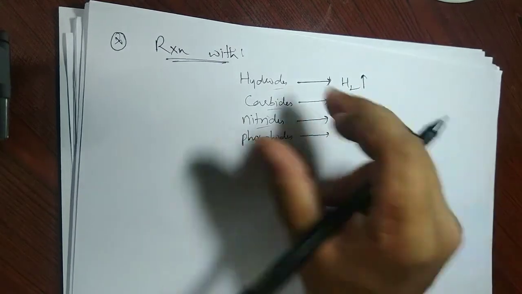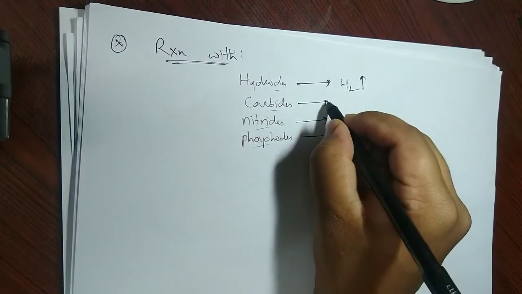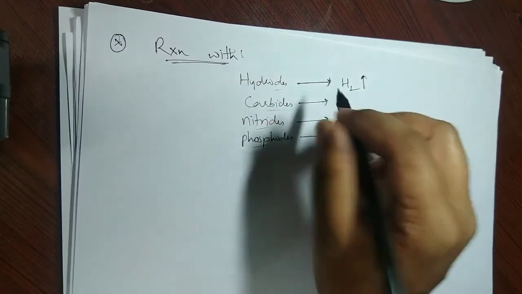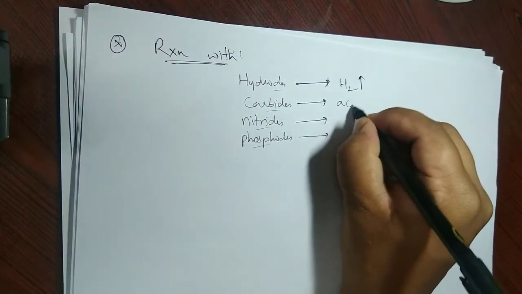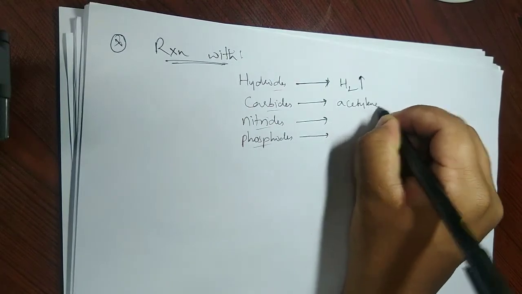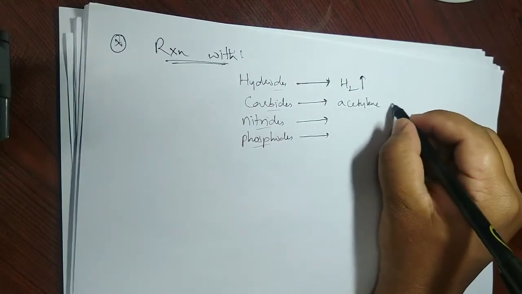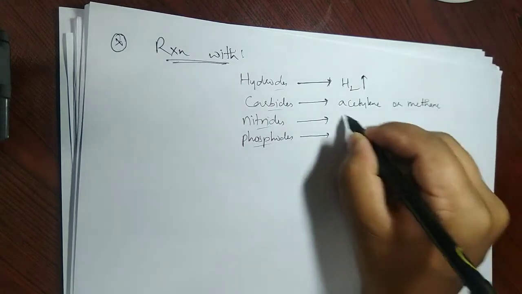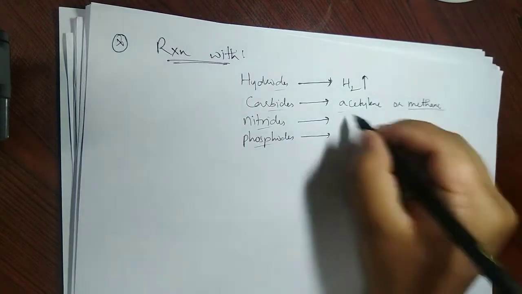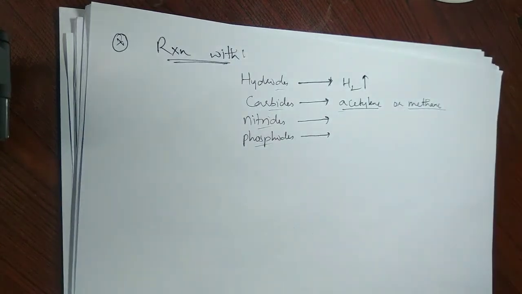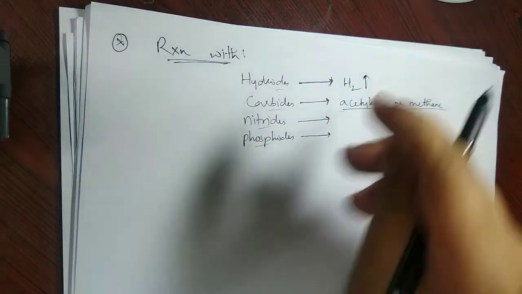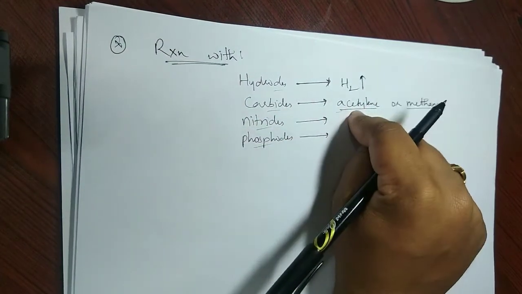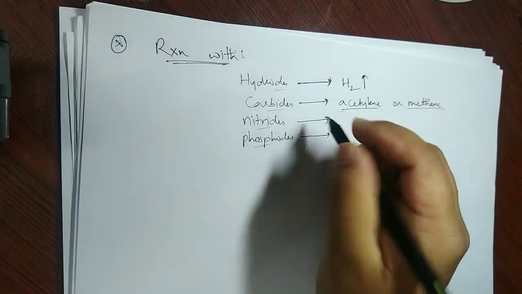After the hydrogen gas is liberated, the remaining product is whatever else you find. And with carbide, your products will have acetylene, or methane. Basically it will be acetylene, but depending upon the number of carbons in the reaction, I'll talk about that. So carbides give acetylene or methane.